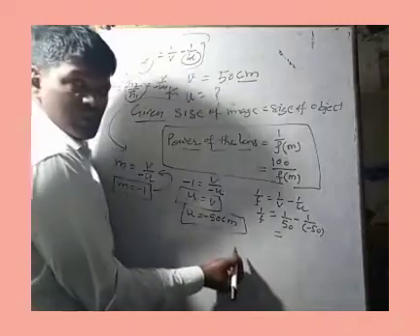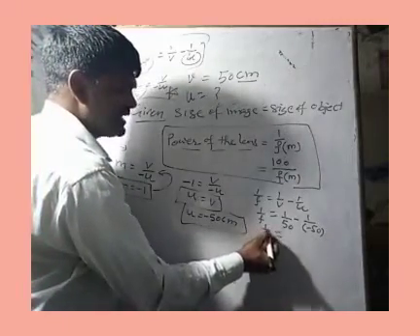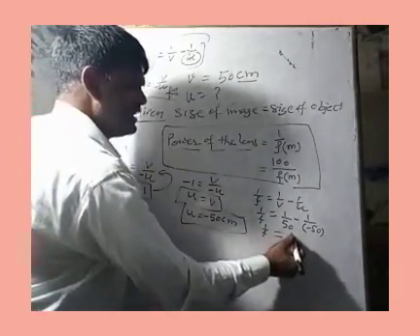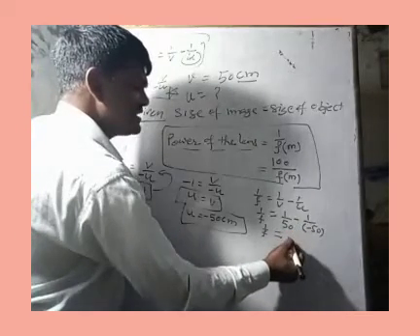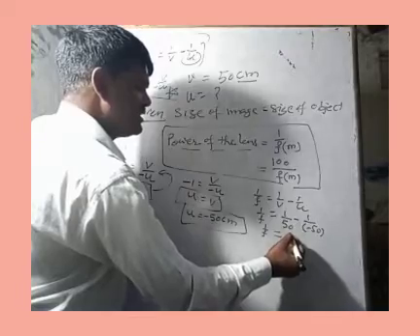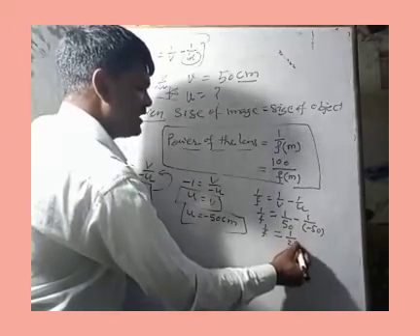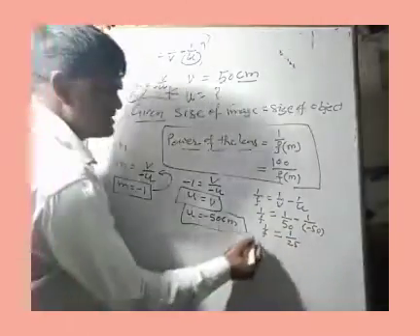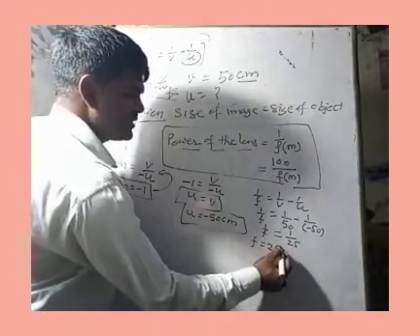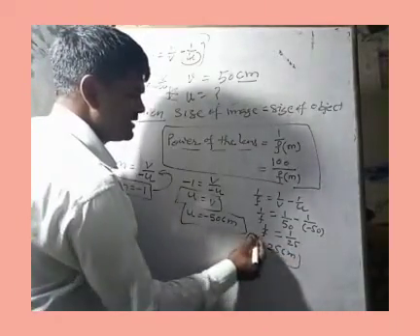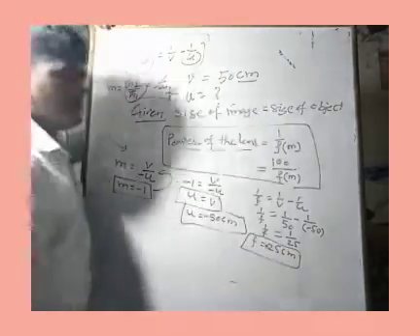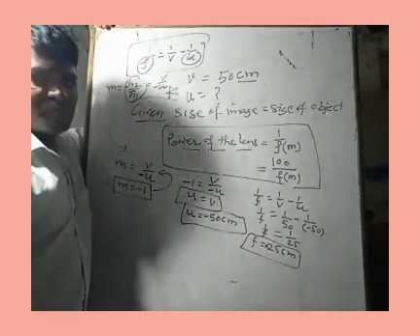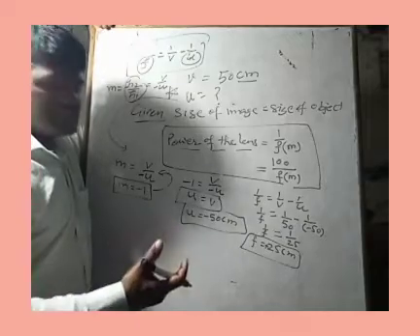So placing all the values, when we take LCM, 1 by f is going to be 1 by 25, such that f is going to be 25 centimeter.